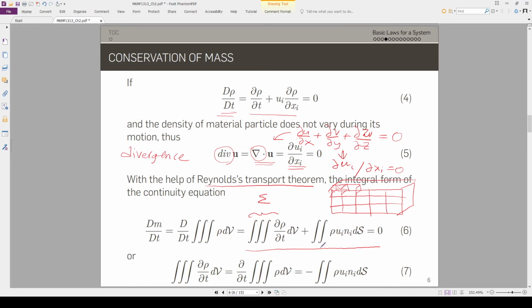And then we have to think about the mass that goes across the control surfaces as well.